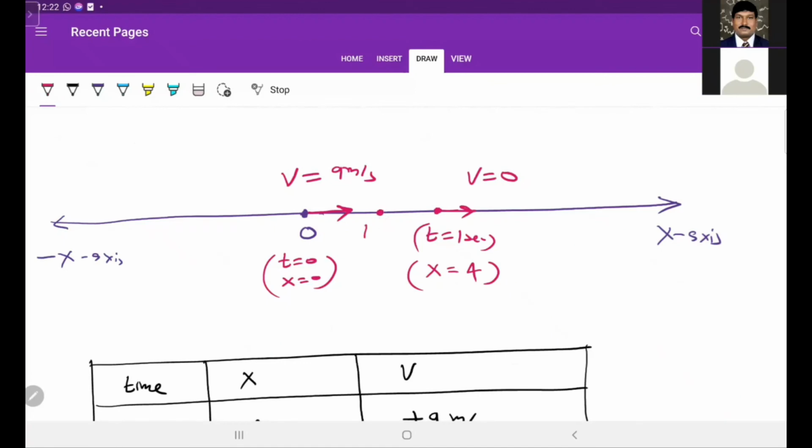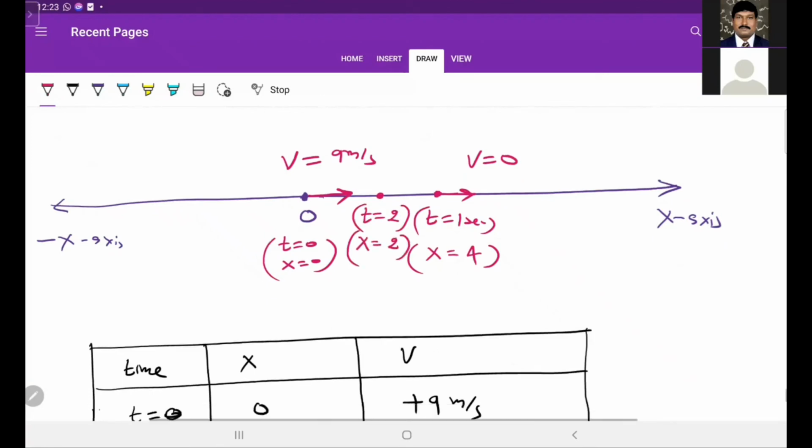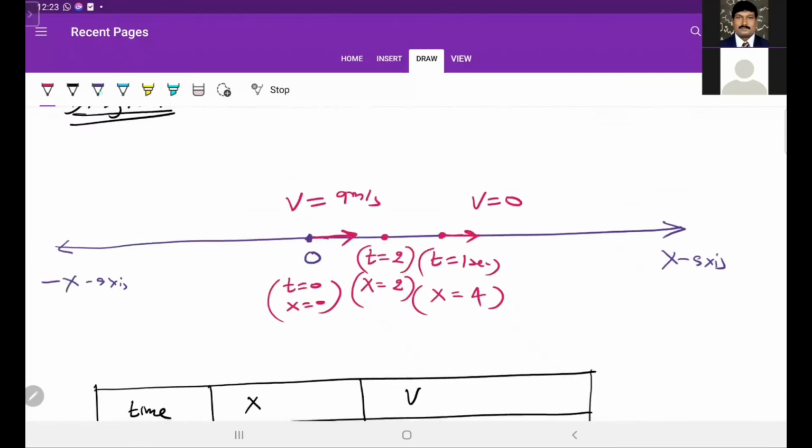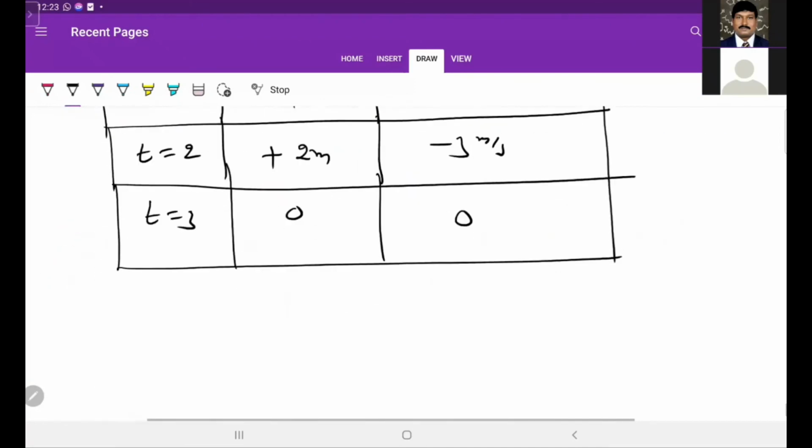It is turning back. Now here time 2. After time 2, x is 2, but the velocity is left side. Now it is turning back. See, the velocity of the particle is now left side, so velocity is -3.